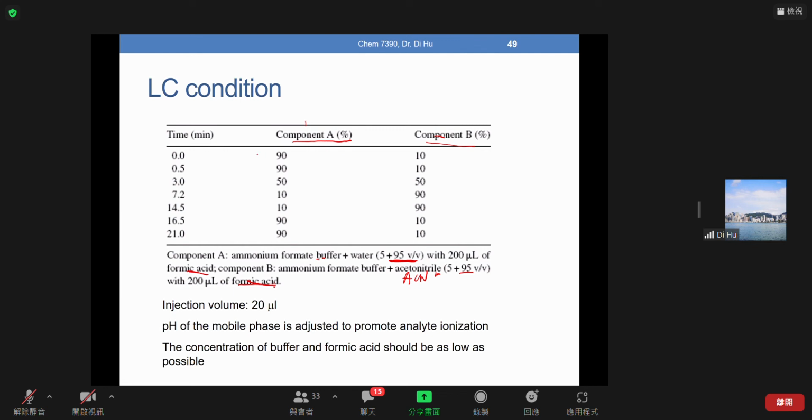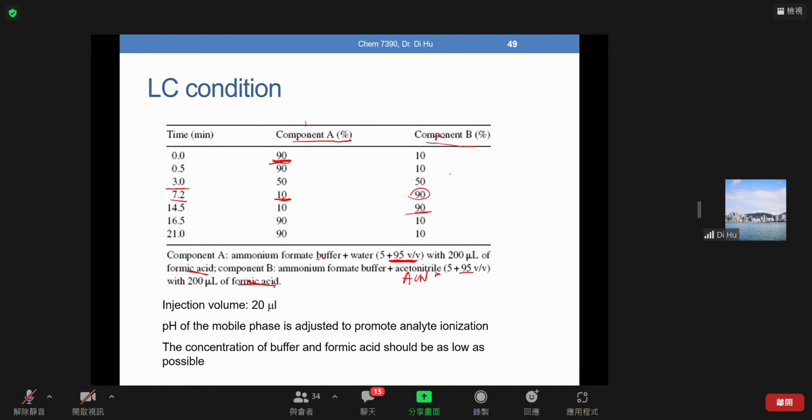It's always starting with a high fraction of aqueous phase, about 90% A. And then it changes to 50% A and 50% B at 3.0 minutes. And then it becomes 10% A and 90% B at 7.2 minutes. And this one will last from 7.2 minutes to 14.5 minutes.